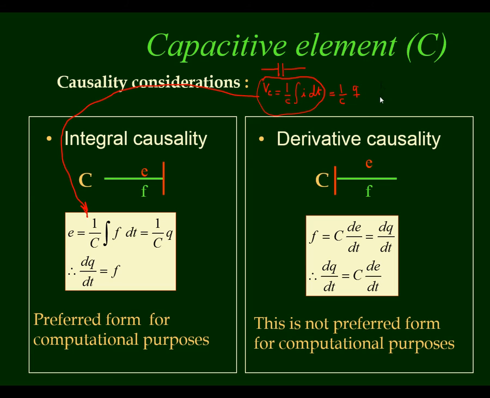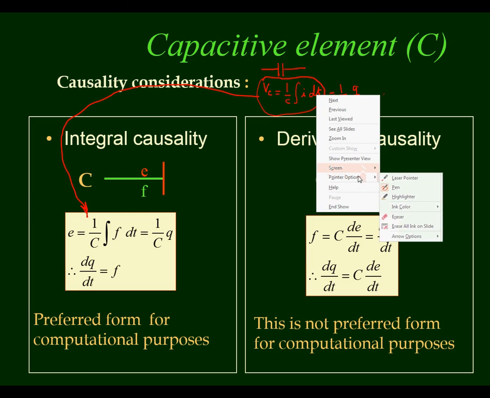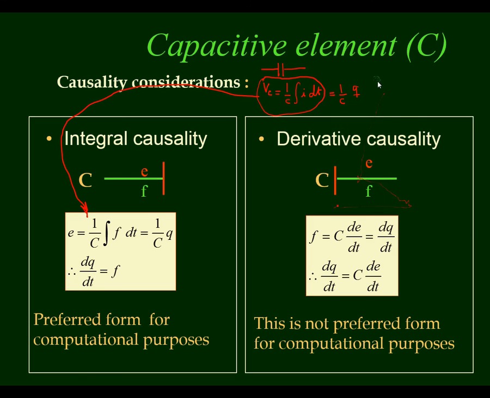Let's say you have a spring here, a mechanical one, you write that F is equal to K times the displacement X.